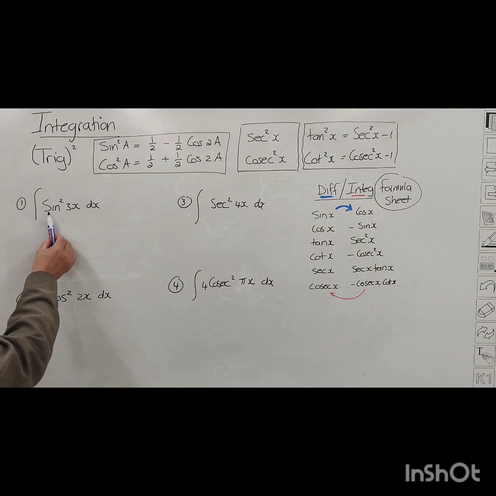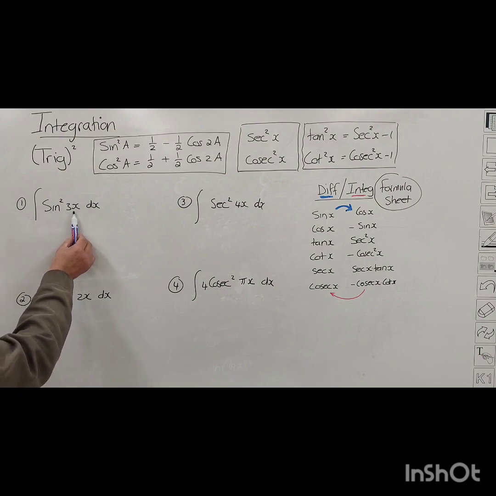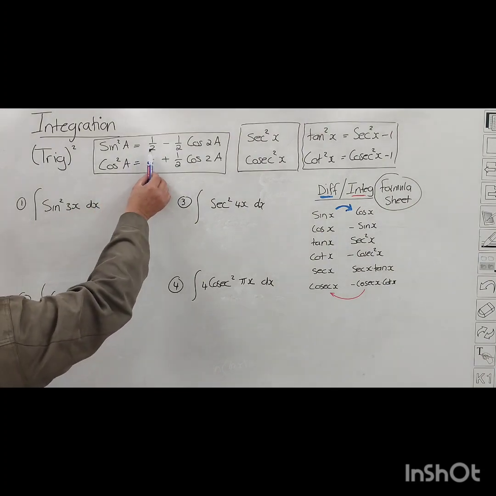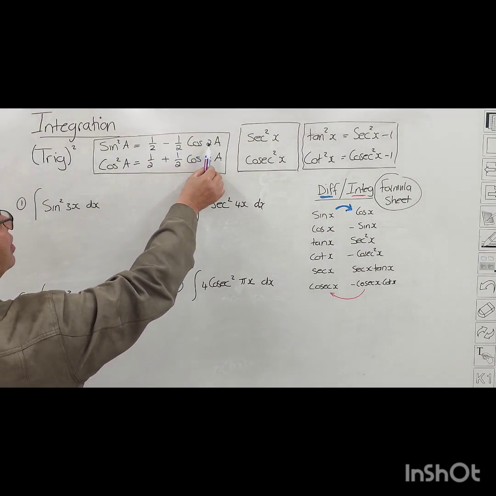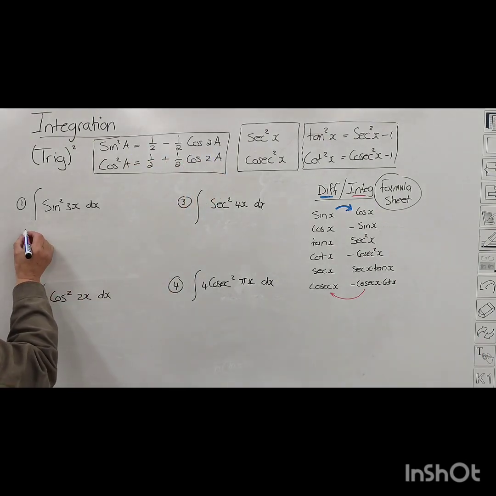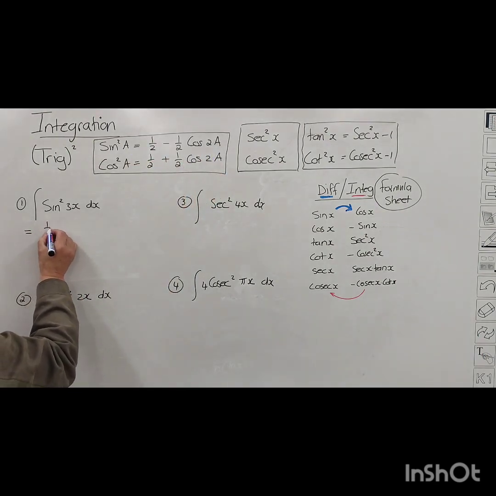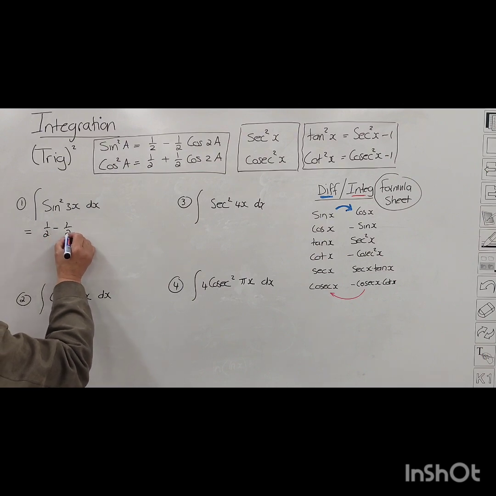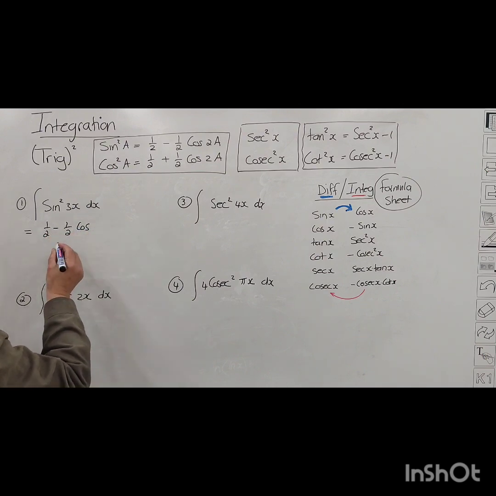If I have to integrate sine square 3x, sine square will become half minus a half cos 2 times whatever this angle is. So I'm going to rewrite this as a half minus a half cos double this angle.